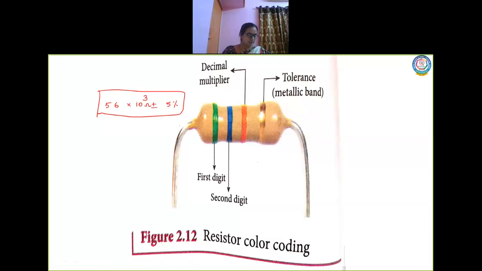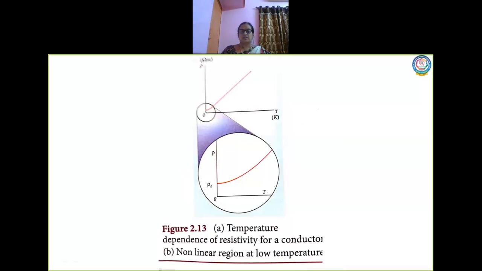Okay. So this is about carbon resistors and the color code of the carbon resistors. Now with this we are moving on to a very important topic, which is called temperature dependence of resistivity.